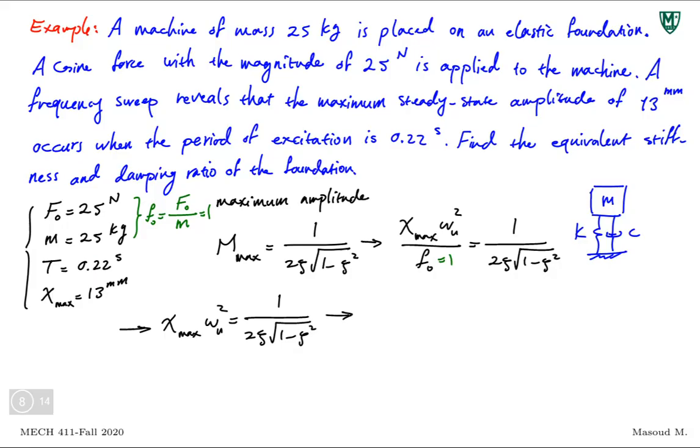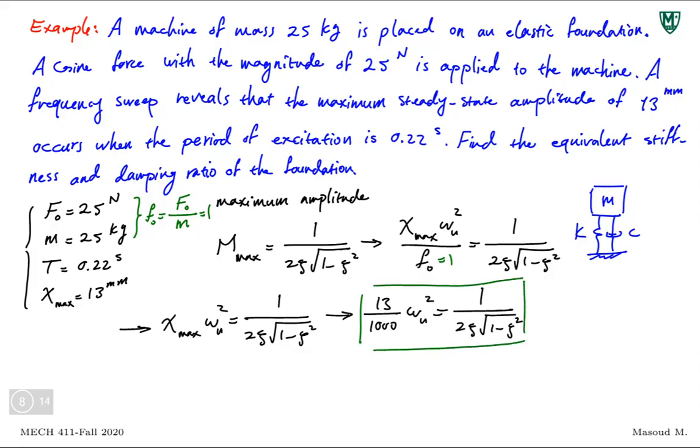X max is 13 millimeters, actually, it's going to be 13 divided by 1000. Keep it in SI. Omega n squared is equal to 1 over 2 zeta square root of 1 minus zeta squared. So I found this relationship between omega n and zeta. Let's just keep this one here. This is one equation.